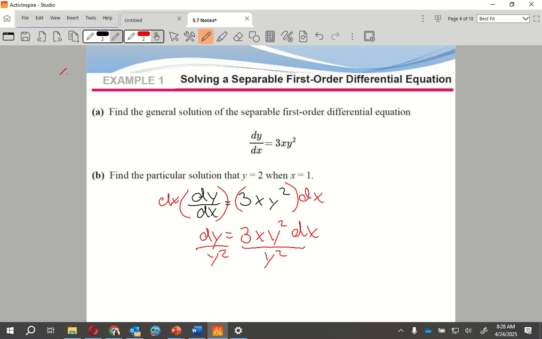So I'm going to get 1 over y squared dy equals 3x dx.